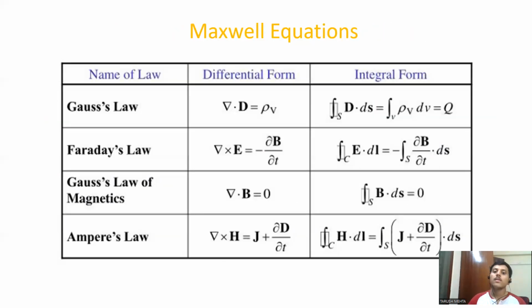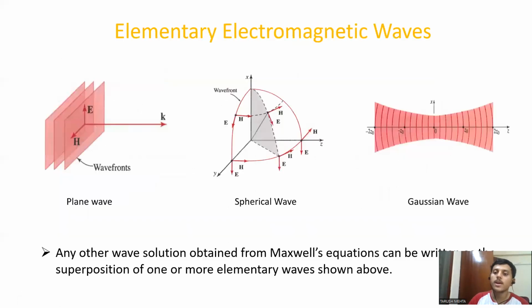Now by solving these Maxwell equations, we can get various types of wave solutions. So here are listed some elementary electromagnetic waves. We can see on the extreme left that this is a plane wave, then this is a spherical wave. And this is an example of a Gaussian wave, where the intensity is maximum at the center and decreases towards the outer edges.